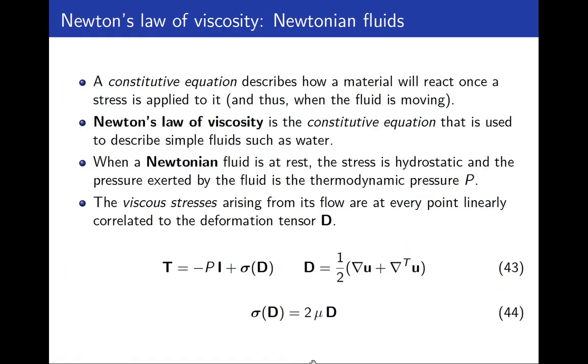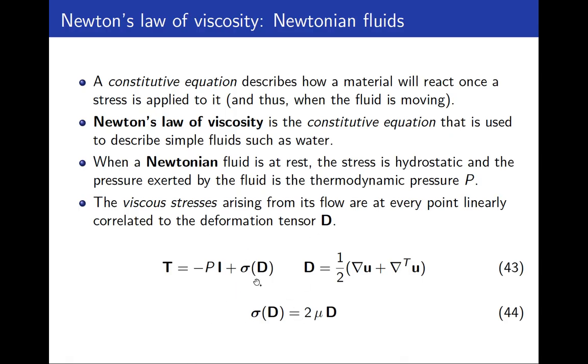But I just wanted to say that when the fluid is at rest, this tensor, this matrix, is going to be equal to 0. But when the fluid is moving, when the fluid is flowing, this term becomes more relevant, so it will have a contribution to the total stress. So the total stress will now be the pressure plus the dynamic part of the stress.